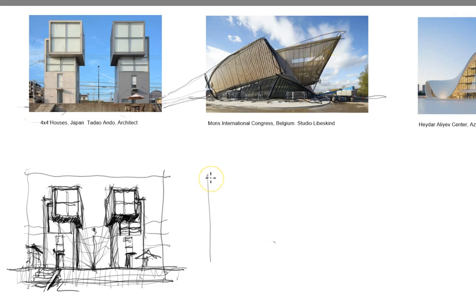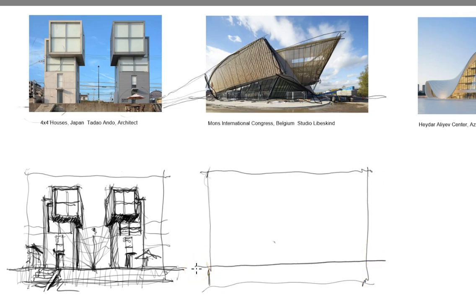So let's do just a very quick gesture drawing. This does not need to be highly detailed. Okay, but again, I want to know, where is my horizon line? And then I want to look at the proportions of this thing. And I'm just going to go ahead and throw this in right away.